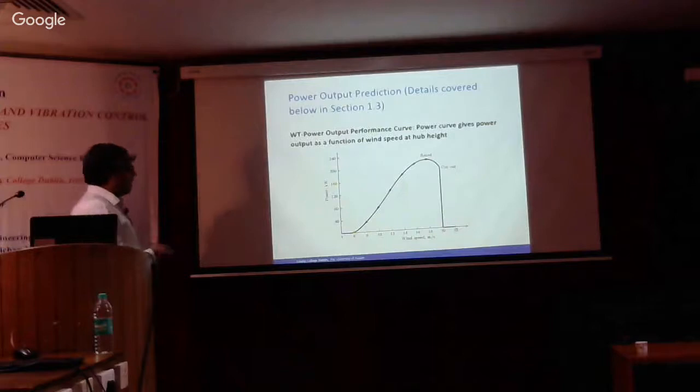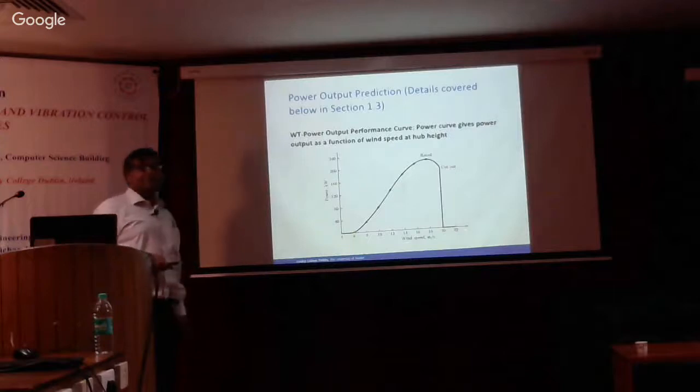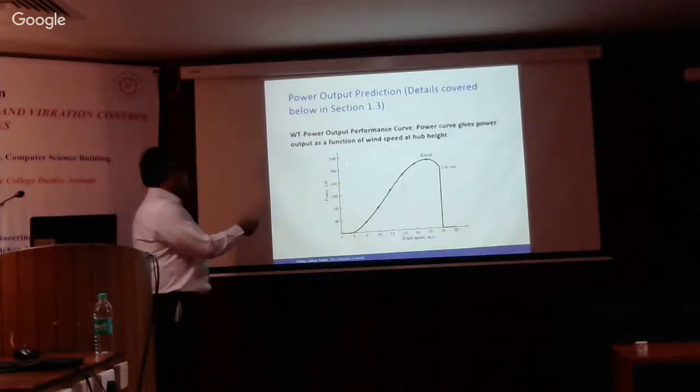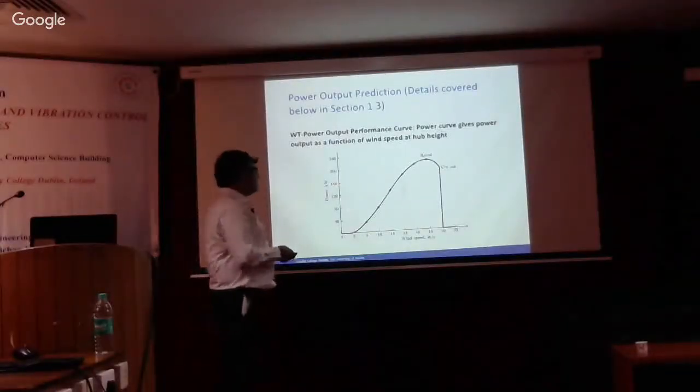So this is basically a curve which tells you how much power is generated as a function of wind speed. Now, this particular speed is called the cut-in speed.